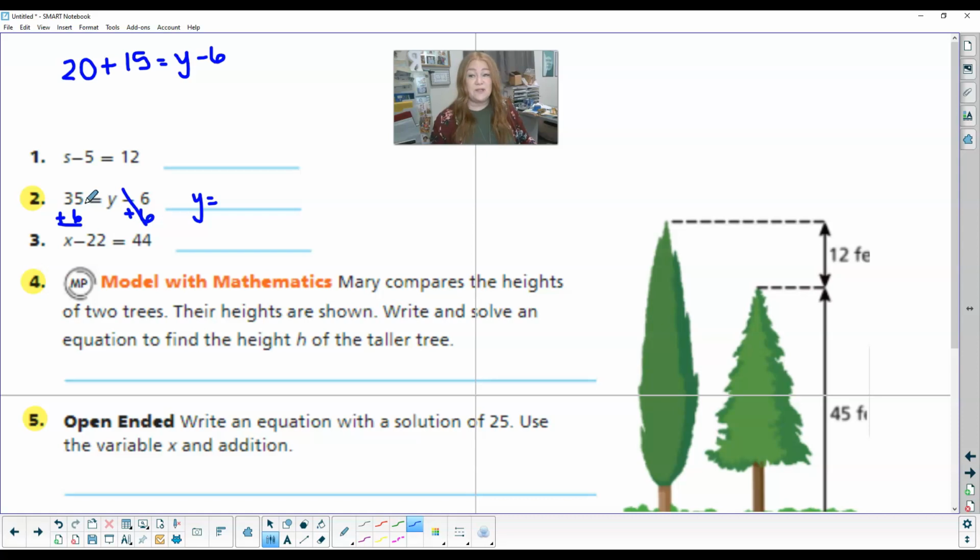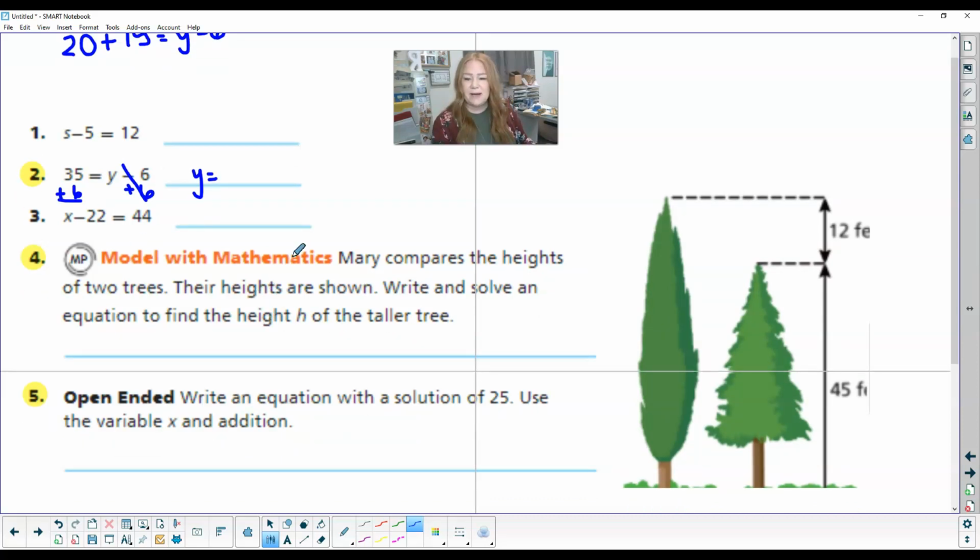So one thing you have to do is make sure that you show this proof. I know that is a problem a lot of you can do in your head. That is not the point. The point is that we are practicing canceling one side out and doing it to the other side to keep our equation balanced.